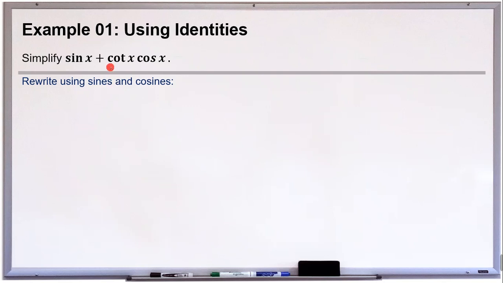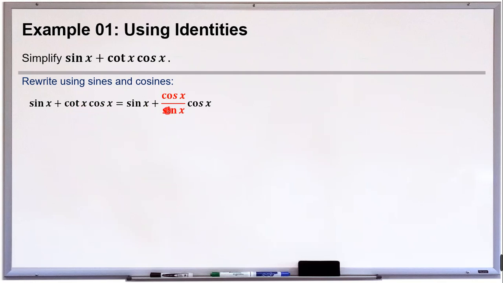If you can observe from the given trigonometric expression, it contains cotangent of x. So we are going to transform that one. From sine x plus cotangent of x times cosine of x, the equivalent expression for cotangent of x in terms of sine and cosine is cosine x over sine x.